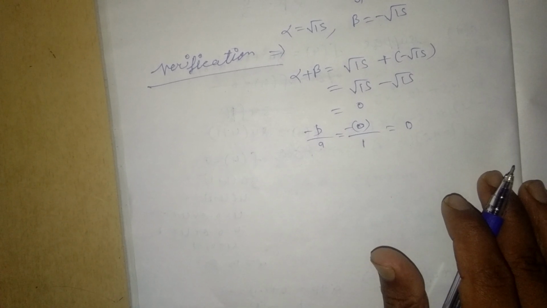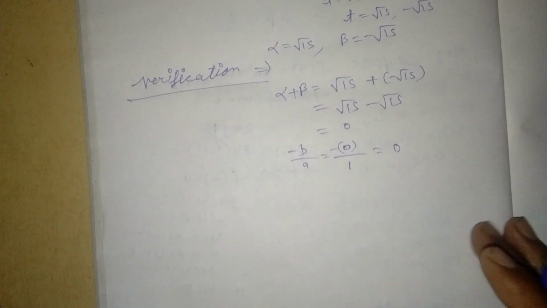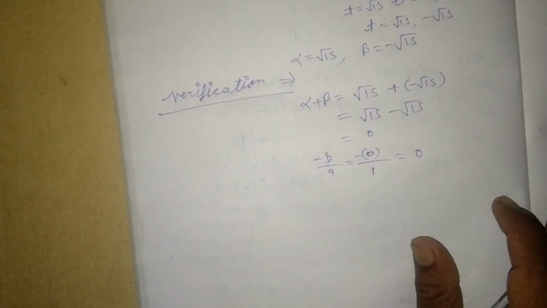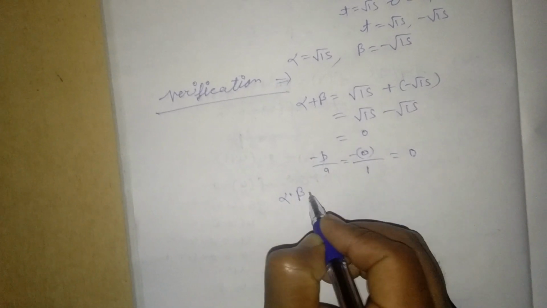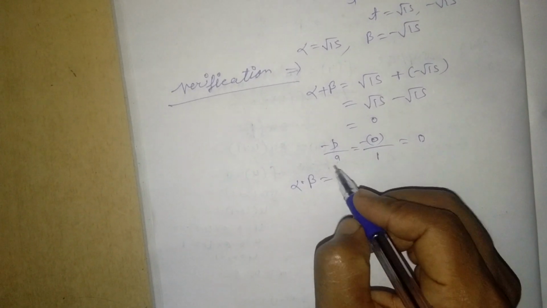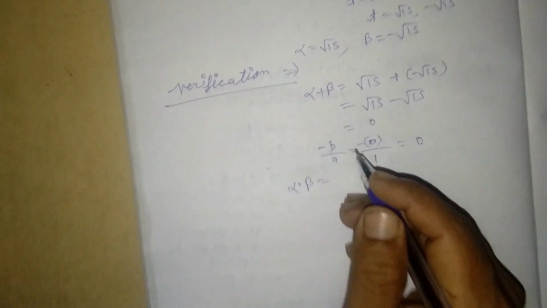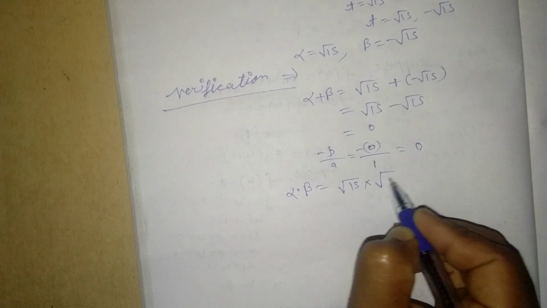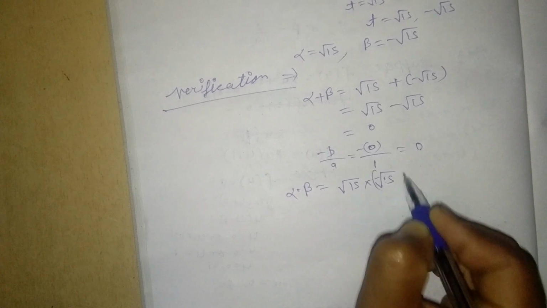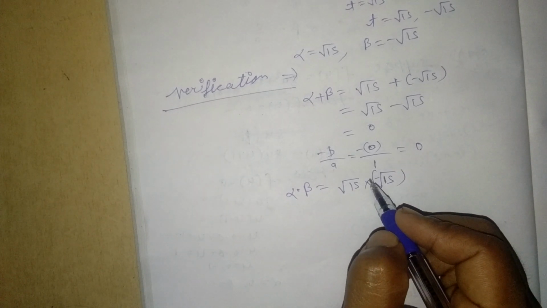Okay, next line, alpha into beta, the product alpha into beta, alpha 15 into beta 15 in a bracket minus 15.